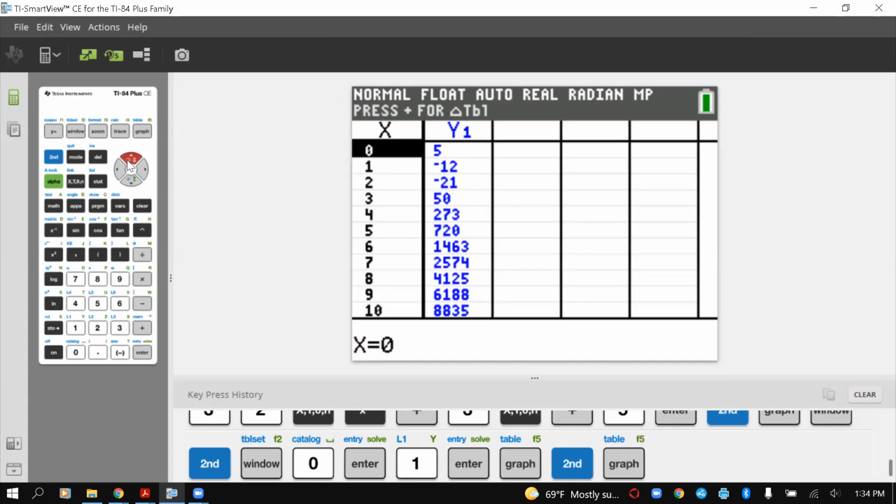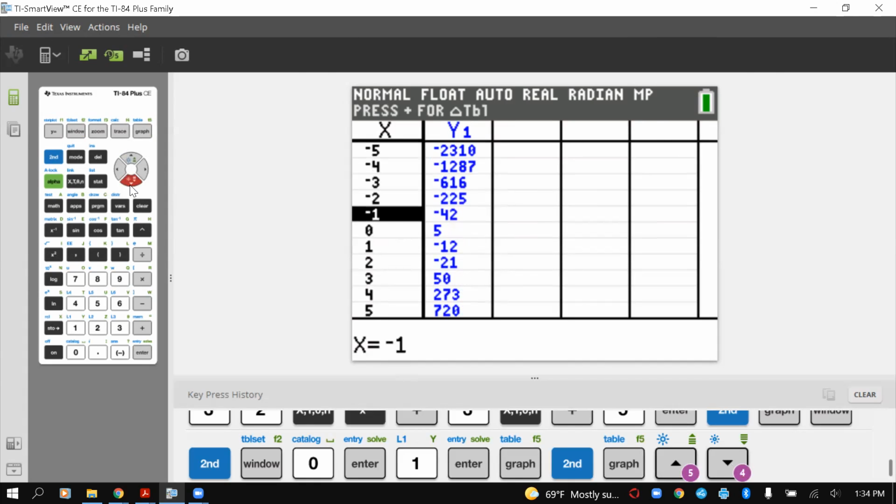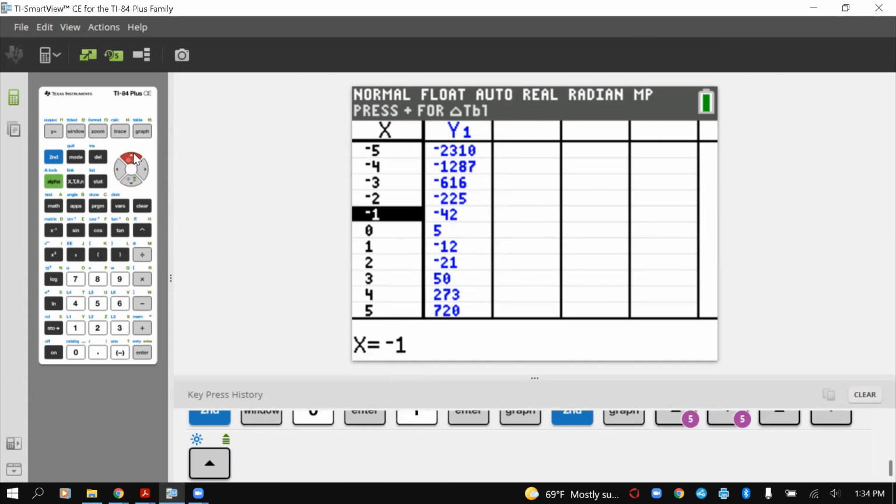Okay, so if we look at this, I can tell you that there is going to be a solution between -1 and 0. Does everyone see why? What happens from -1 to 0? It switches from a negative to a positive number.